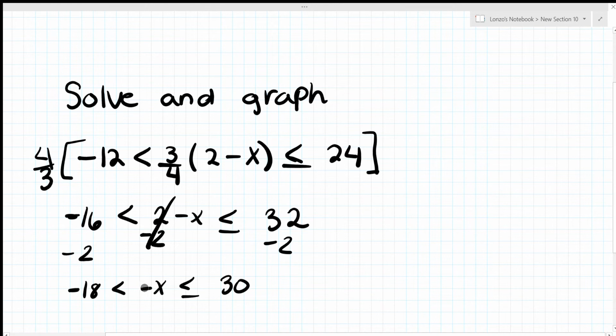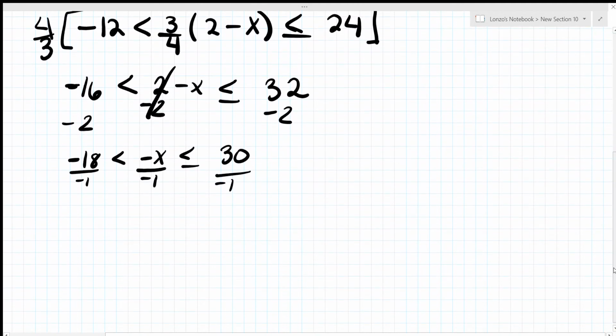We're not done yet. See this negative? This is like negative 1 times x, so let's get rid of that negative. We're going to divide everything by negative 1. What happens when you divide or multiply by a negative? The sign changes. So the x is positive now. 30 divided by negative 1 is negative 30.